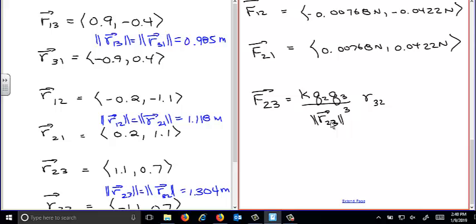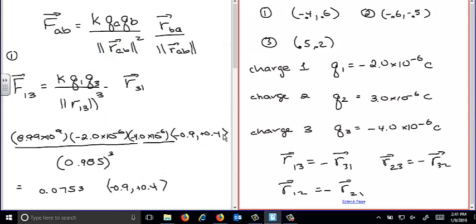It doesn't really matter. The order of those doesn't matter because we're taking the magnitude anyway. The key thing here is this vector has to be the opposite subscripts that you have here. So we have 8.99 times 10 to the 9th coulombs meters squared per coulomb squared. Q2, we'll go over here and find out what those are.